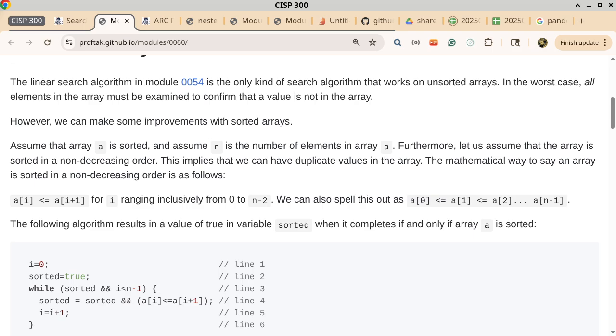So the nuance is that this is a less than or equal to instead of just less than. So you can have two values of the same in the array, which makes it non-decreasing instead of increasing.